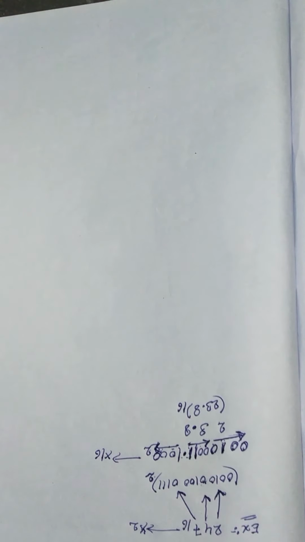In today's class we discussed hexadecimal converted into binary number system and binary number system converted to hexadecimal number system. In hexadecimal to binary number conversion, first we take the direct method by using the table. Hexadecimal base is 16, binary base is 2.